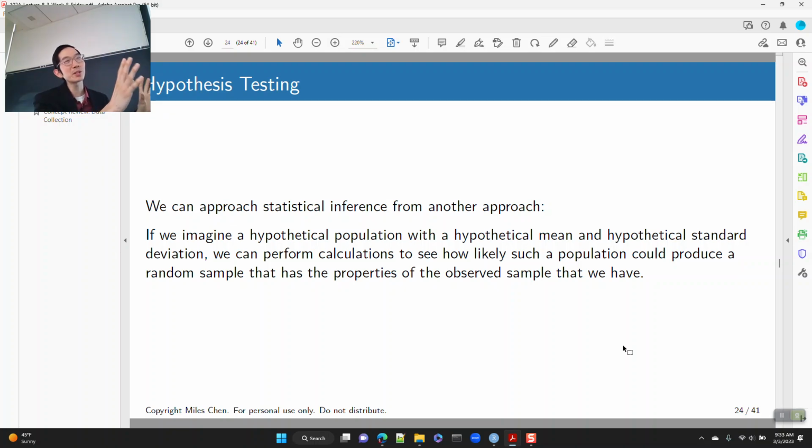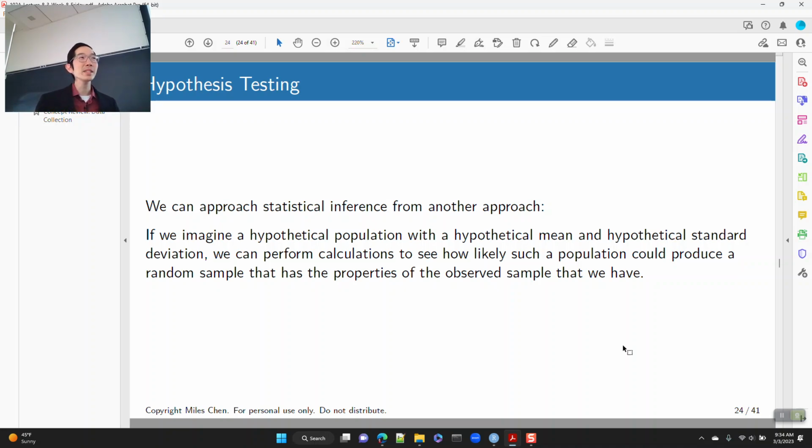And this hypothetical population will have some kind of hypothetical mean and standard deviation. And we say, all right, if that was what the world looked like, what kind of values would we get? And do the values I observe align with this imaginary scenario, or is there a stark contrast?